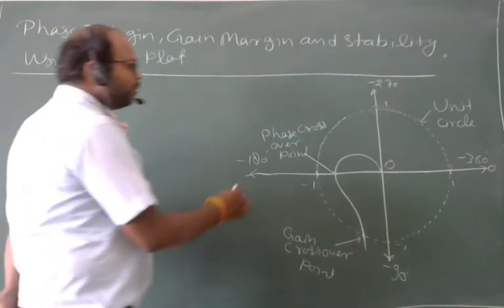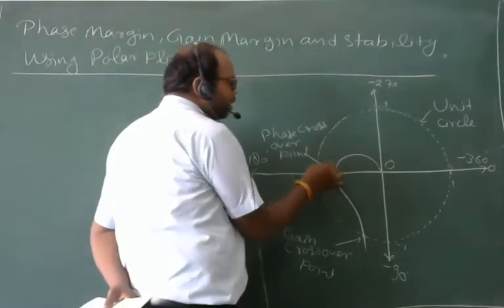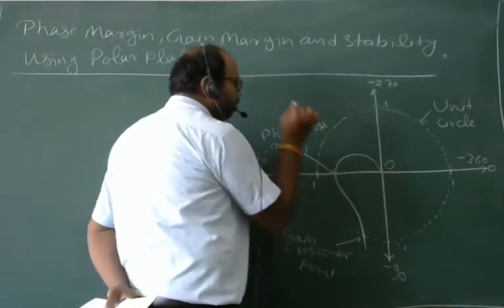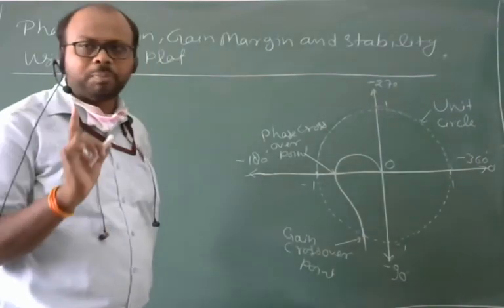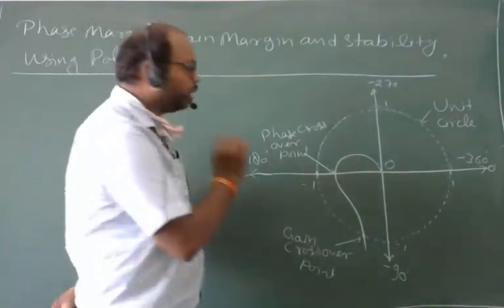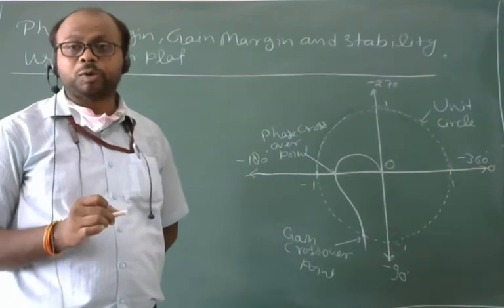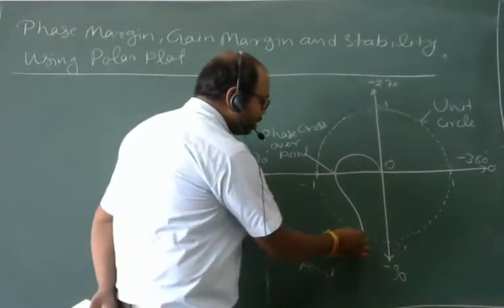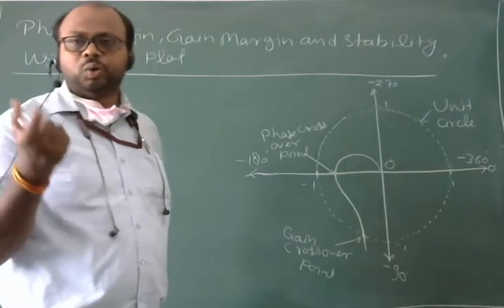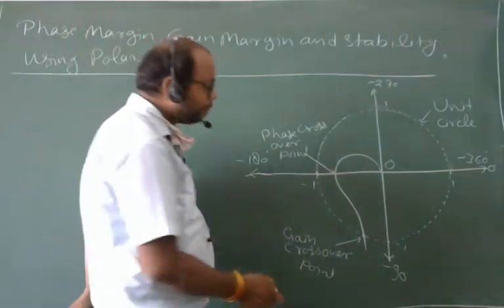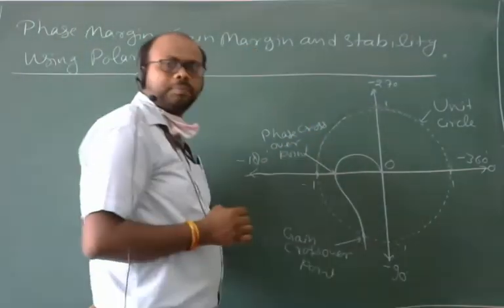So, what is the phase crossover point? The phase crossover point is the point where the polar plot crosses the minus 180-degree line. And what is the gain crossover point? The gain crossover point is the point where the unit circle crosses the polar plot, right?